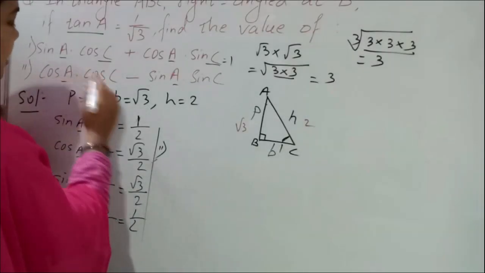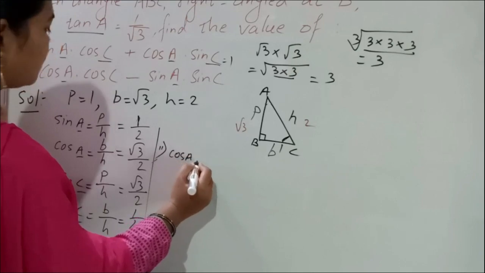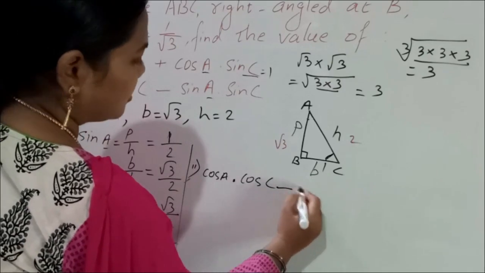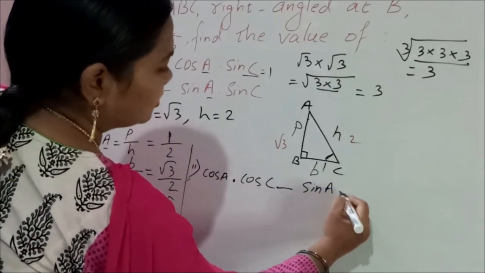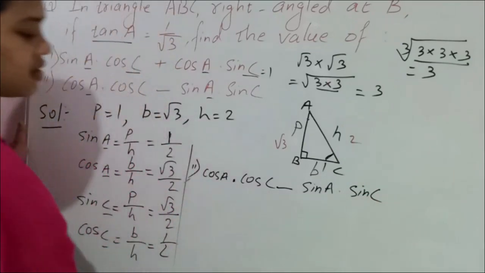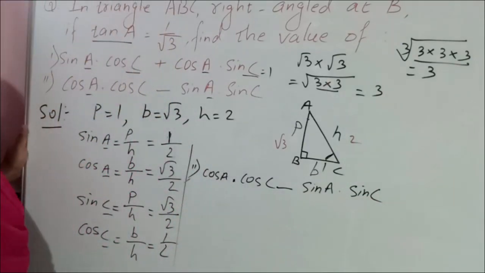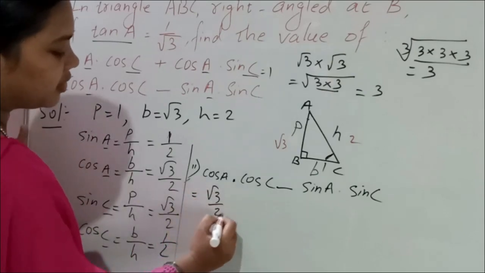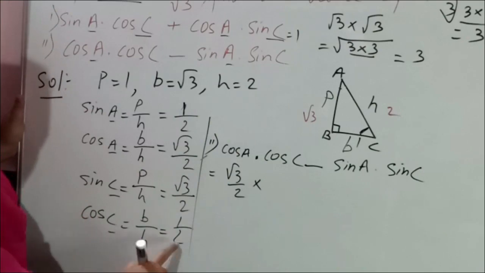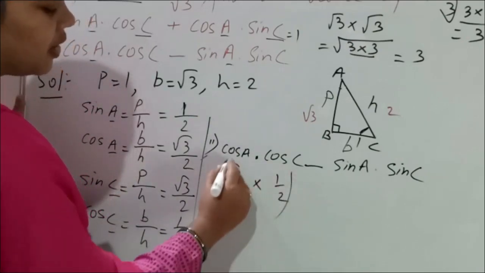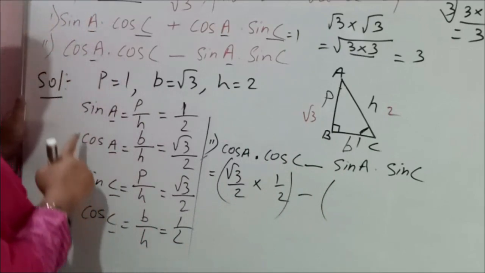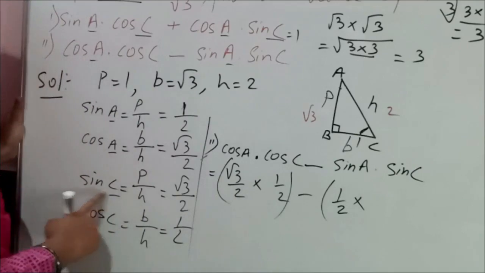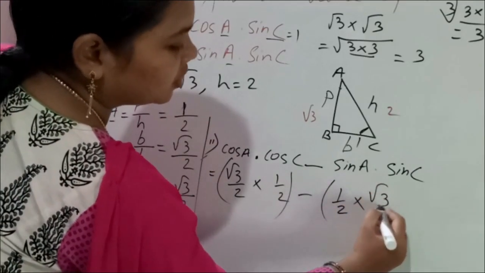The second question is cos A into cos C minus sin A into sin C. Cos A is root 3 by 2, into cos C, which is 1 by 2, minus sin A, which is 1 by 2, into sin C, which is root 3 by 2.